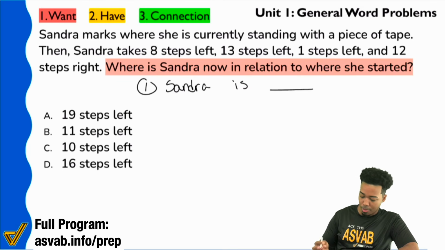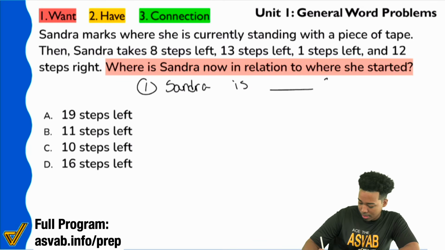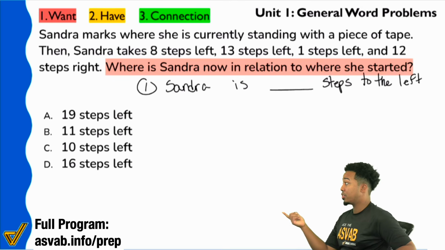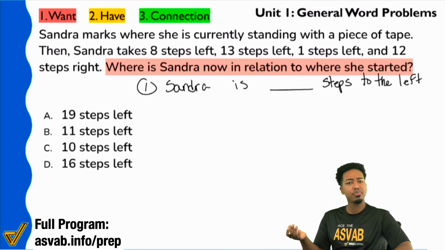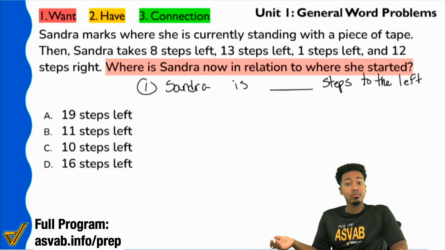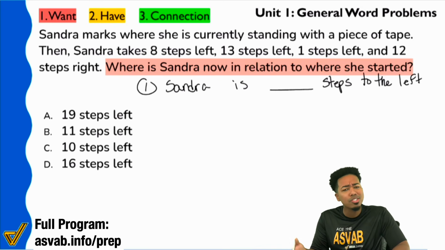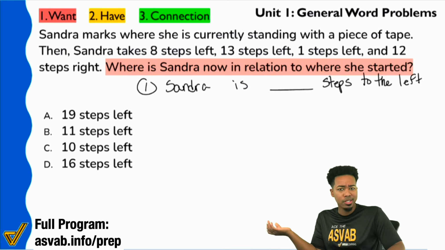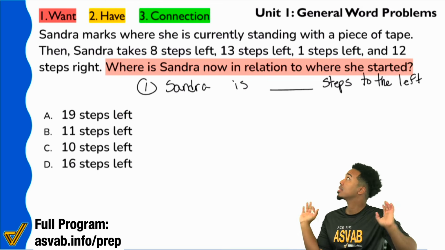So for sure, I'm going to go ahead and just write blank steps to the left. Now, some of these answers could have said steps to the left, steps to the right, and that would have changed things a little bit. But let's just take this problem for what it is. Don't overcomplicate things. Just keep it simple. We want to know where Sandra is.